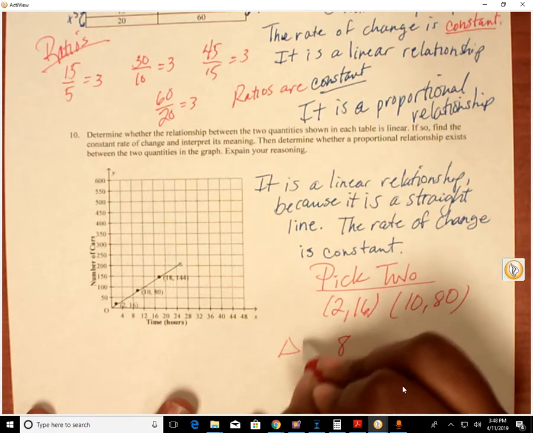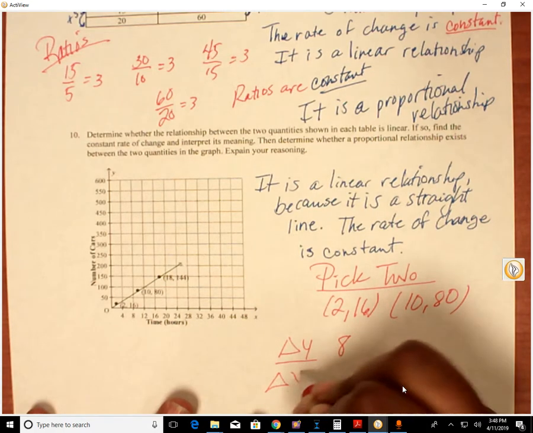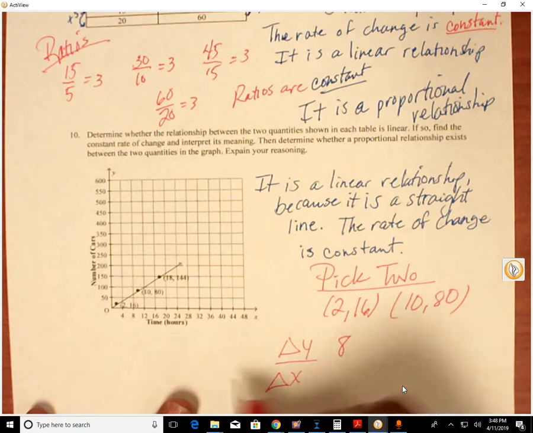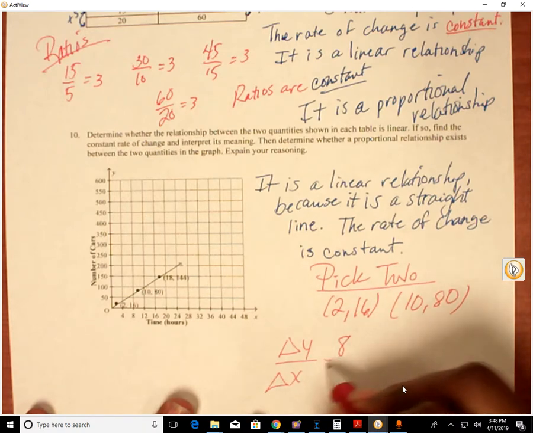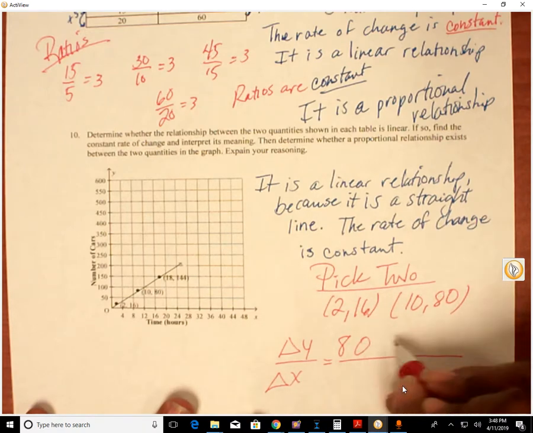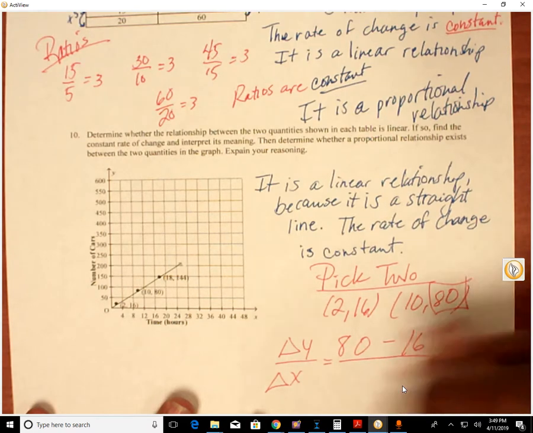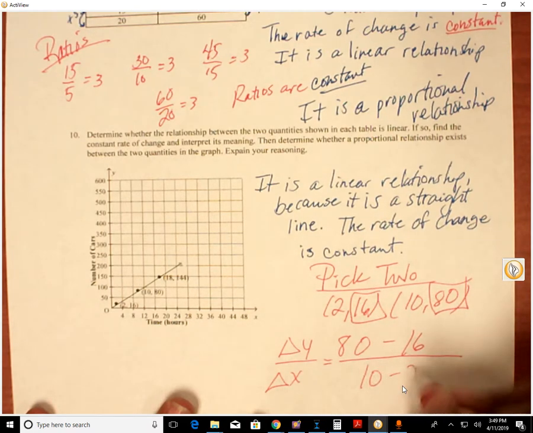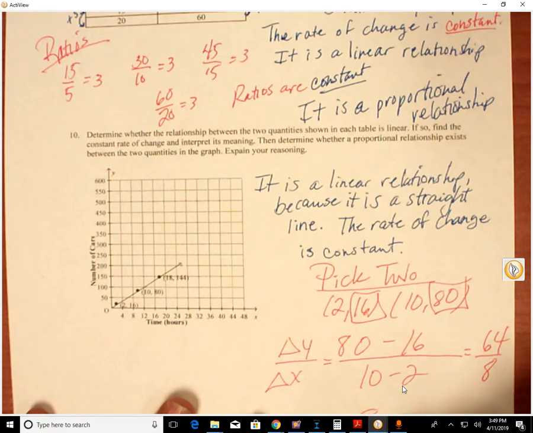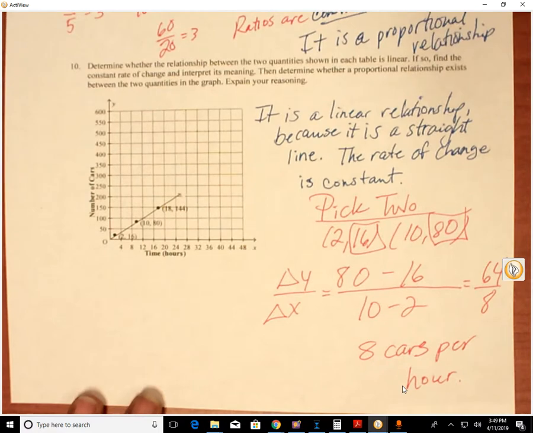Remember, it's the change in y divided by the change in x here. It's the number of cars divided by the hours. So 80 minus 16 and 10 minus 2. That's going to give us 64 divided by 8, and 64 divided by 8 is just 8. So 8 cars per hour.